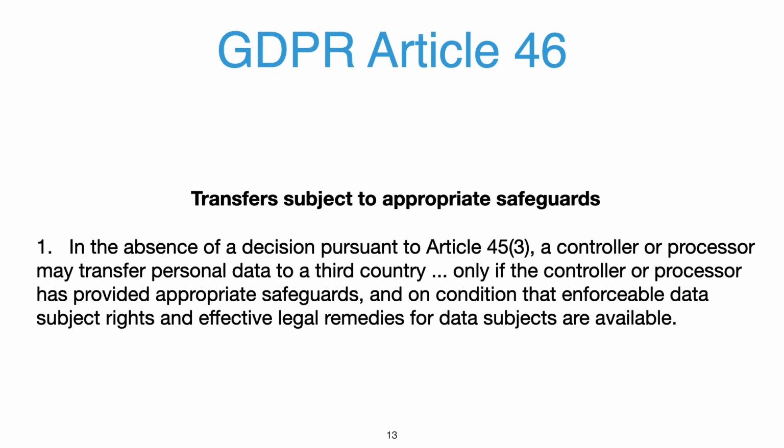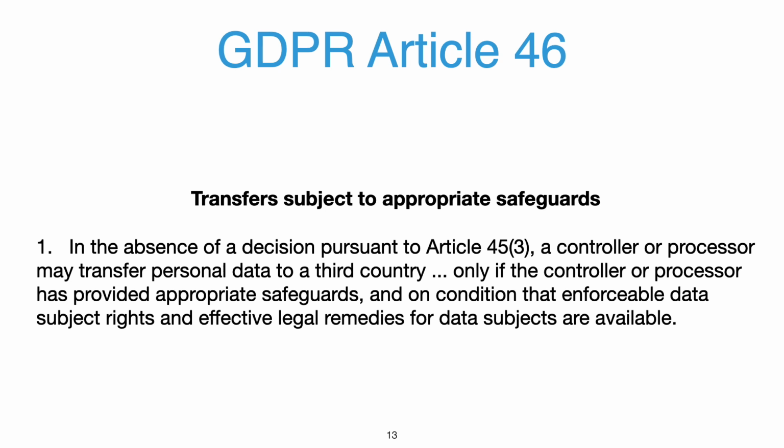Fortunately, however, if the country where you want to transfer the data is not on the list, there is a mechanism you can still use to enable the processing to take place. So GDPR Article 46 sets out how it might still be possible to transfer the data.